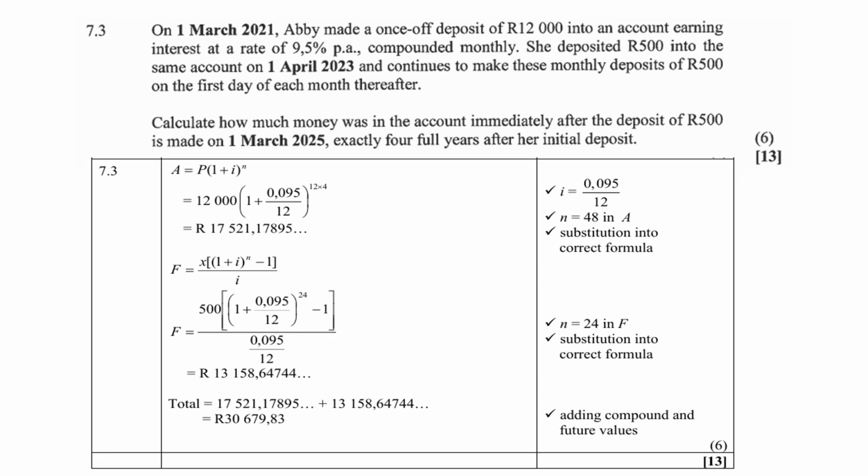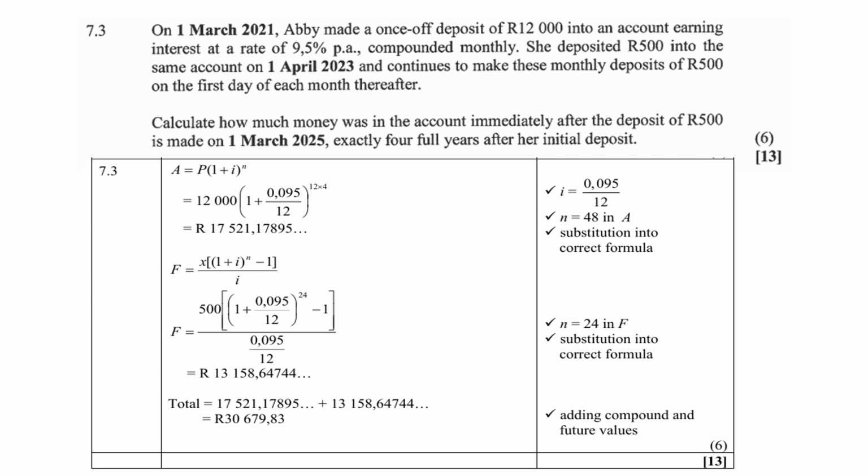So it is 12,000 in the place of P, 1 plus, and remember i is 9.5%, which you must divide by 100 to give you 0.095, and divide by 12, because they said it is done monthly. Don't forget now.